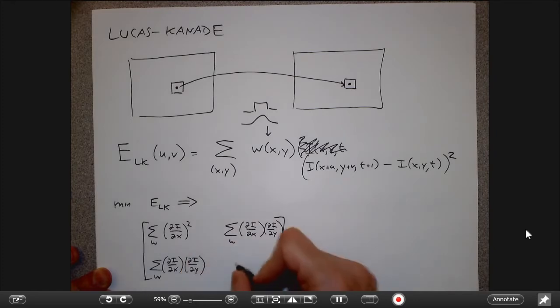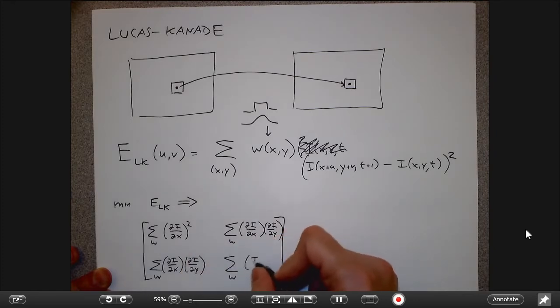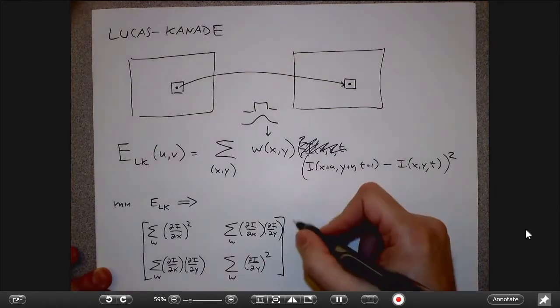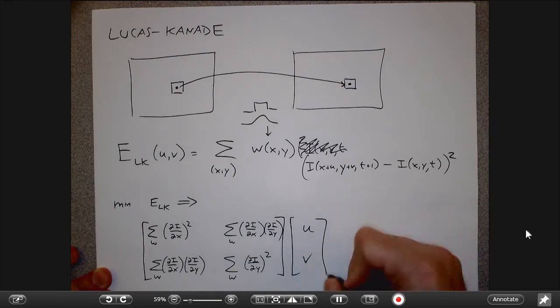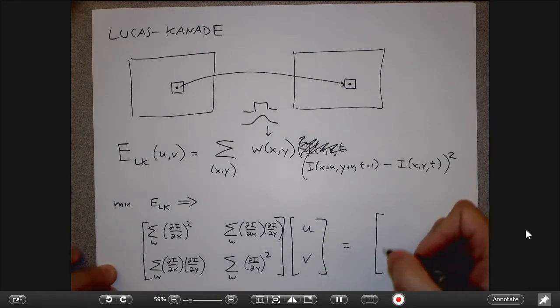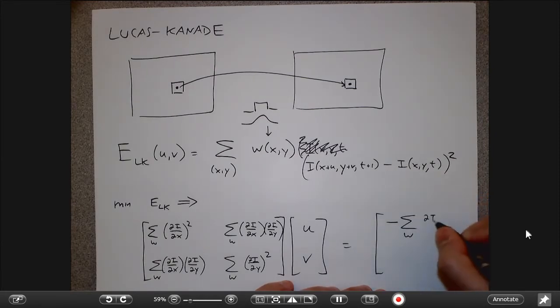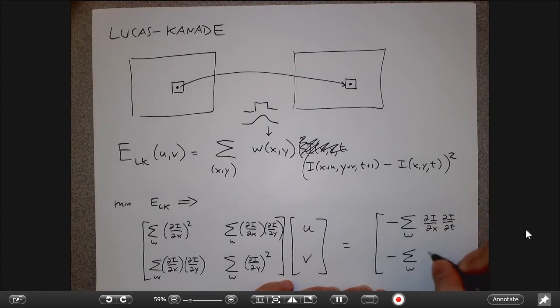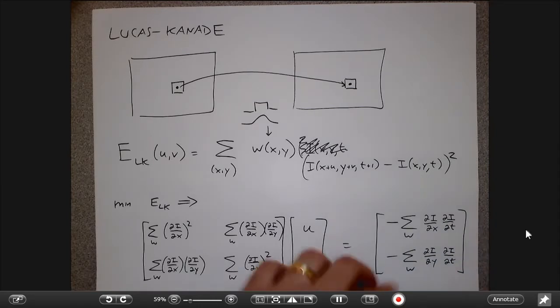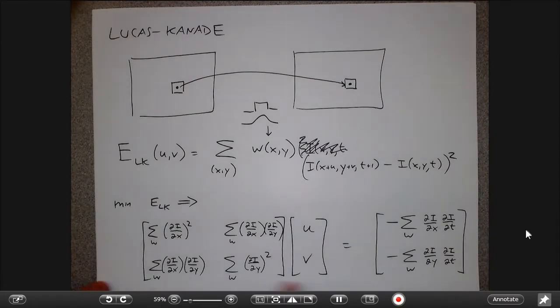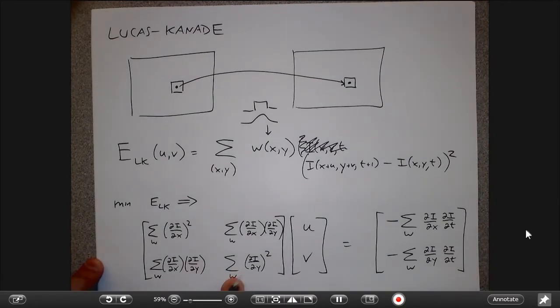If I'm making a box window, then I'm simplifying this slightly. So this thing would multiply the flow vector, and then over here I would have a vector that is the sum over the window of dI/dx dI/dt, and dI/dy dI/dt. Right? And this is exactly the Harris matrix that we derived last time for features.